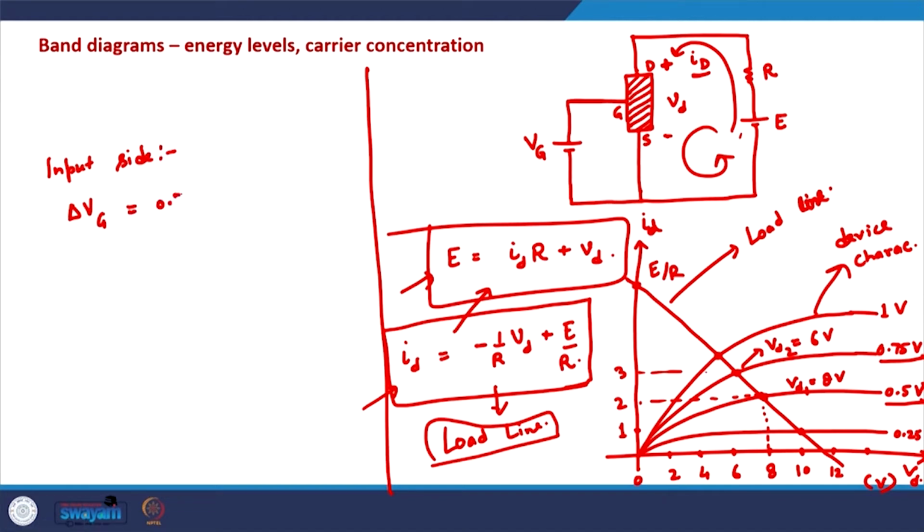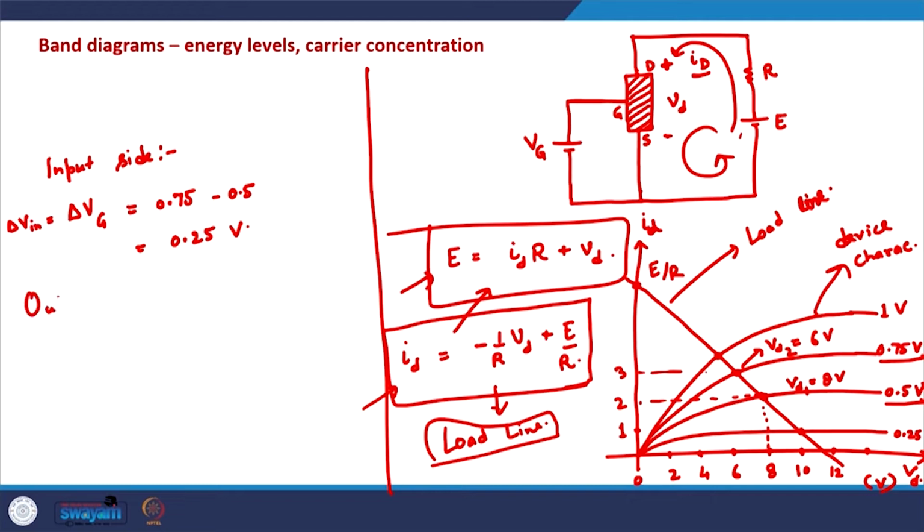So the change in the gate voltage is 0.75 minus 0.5, which means 0.25 volts. This is the input side, delta V in.